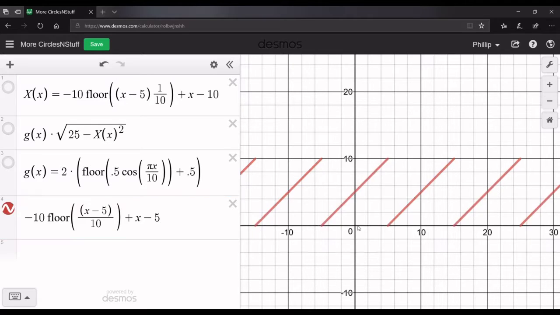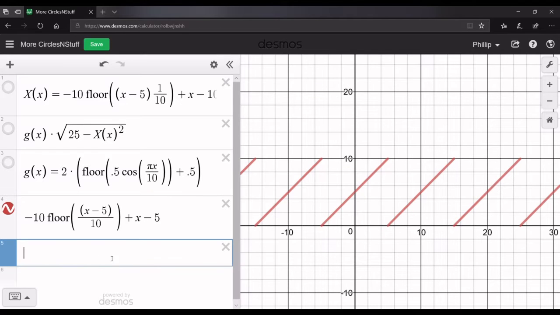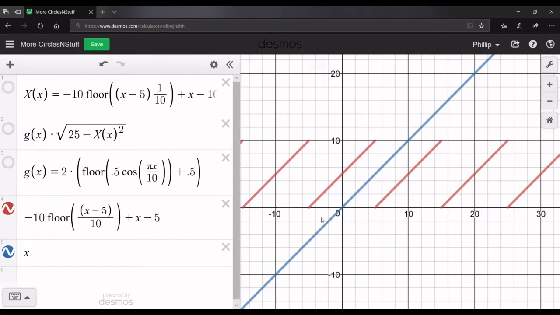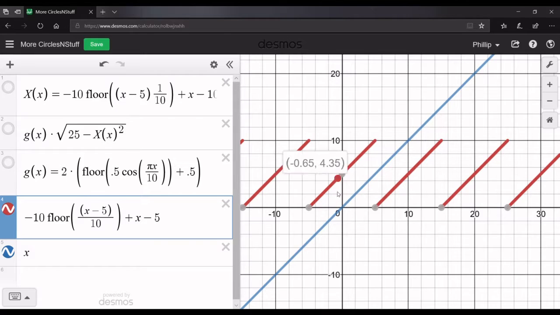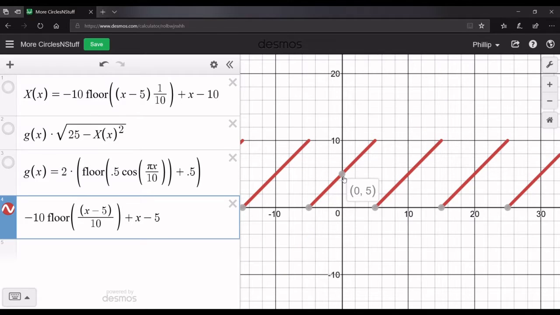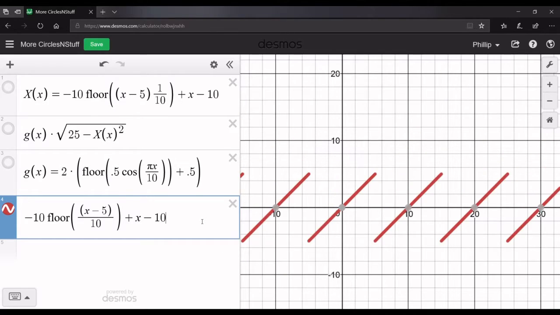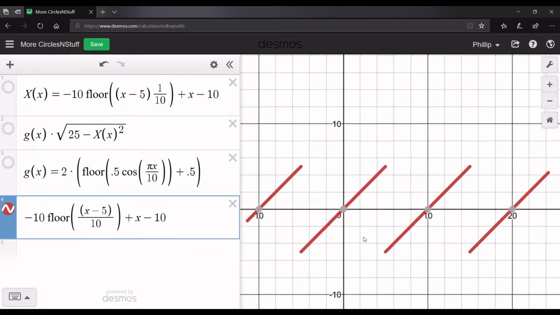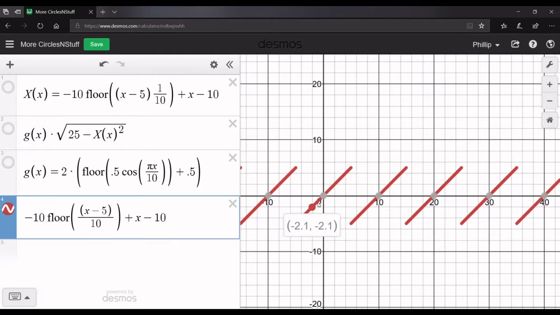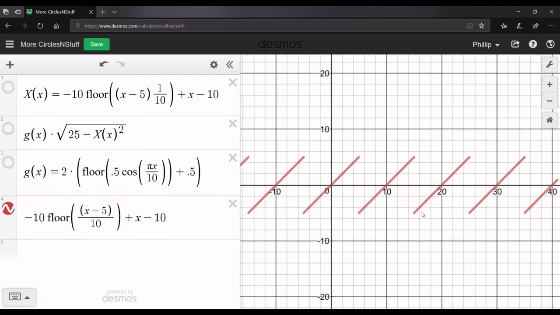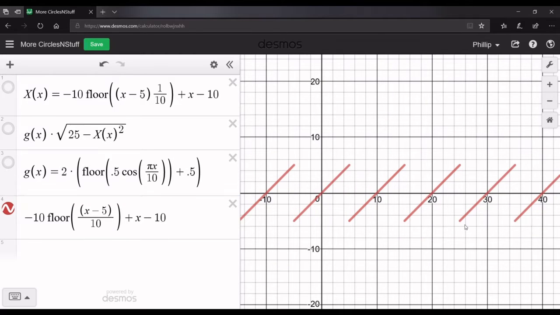Finally, all I need to do is shift this down, because x goes to the origin, and these do not go through the origin. And so I need to shift this point down to the origin. And we're going to do that by subtracting 5 more. And what I get here is this wonderful repeating x, which I'm going to use to make several circles. So I went ahead and defined that up here as my big X of x function.